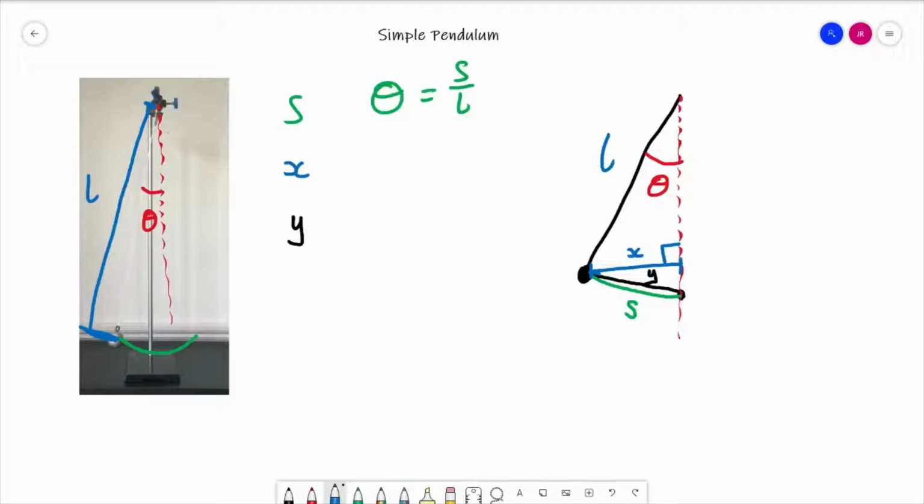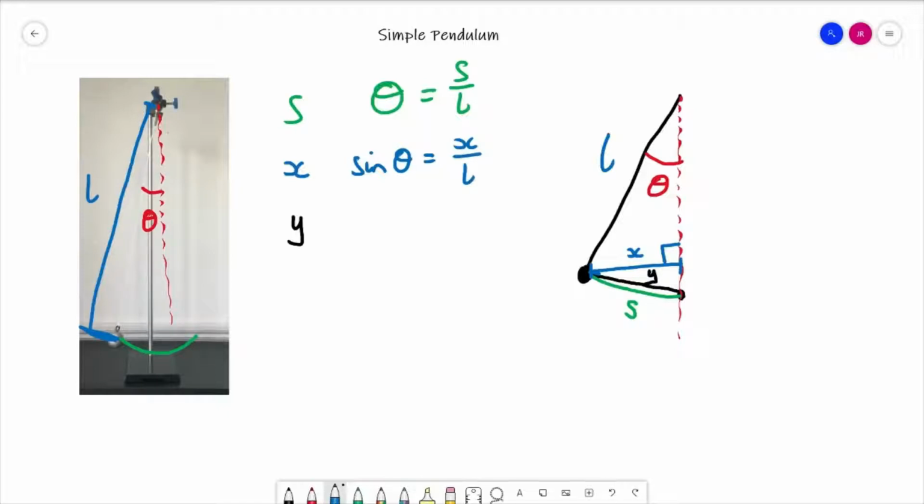That is the adjacent side. X, as the blue line, is the opposite side, and the length of the pendulum is the hypotenuse. So if we take X and L, we can see that sine theta is equal to X over L.